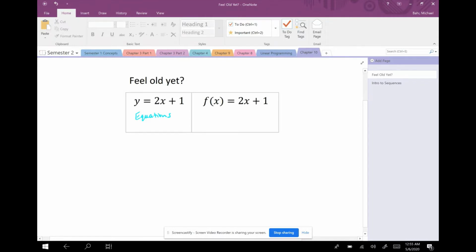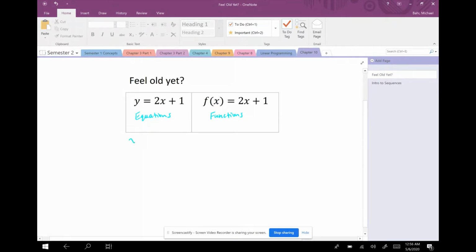And then later on in the year, and even early in our year, we talked about these written as functions, which more or less are pretty much almost the same thing. It's just functions have a fancier notation. They also have to pass the vertical line test, and every input has to have its own output, yada, yada, yada. But really, essentially, they're almost the same.